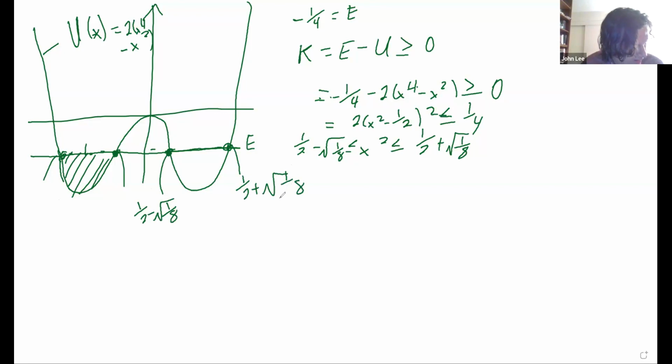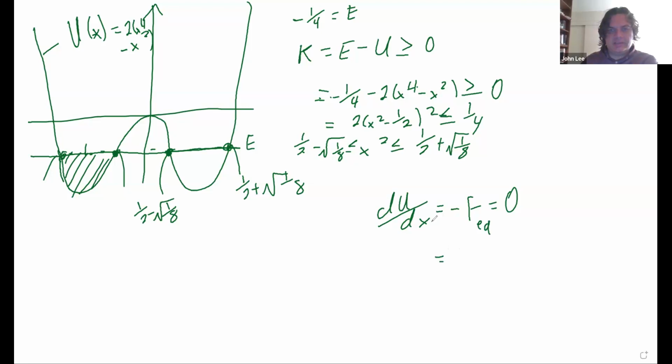And then the equilibrium points are where du/dx, which is equal to -F, is equal to 0.